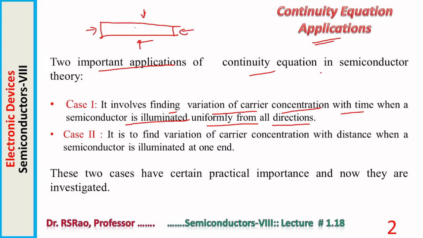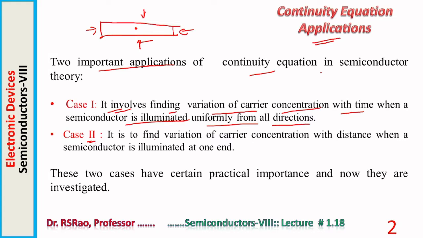Consider an arbitrary point inside the semiconductor. When illumination started, electron-hole pairs got generated. So electron concentration, hole concentration start increasing. How does this concentration vary with time? That is the subject matter of case 1.